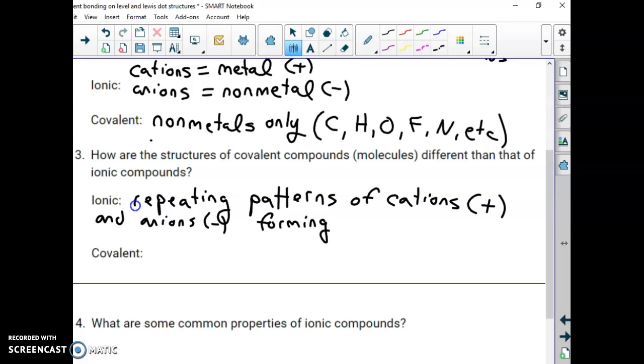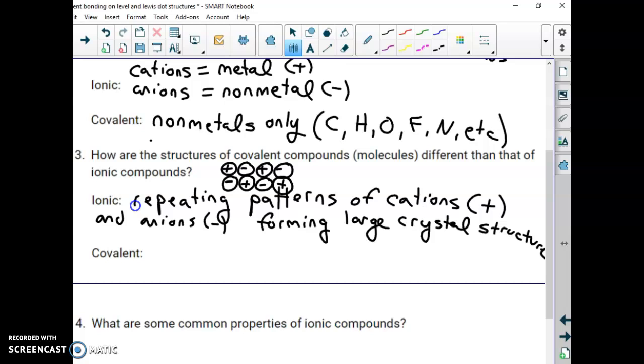And they're going to form this large, and large in the sense of number of ions involved, crystal structure. Draw a little diagram just to help remember that. We got a positive bonded to a negative, bonded to a positive, and so on and so forth. And everything interlocks there nicely due to those charges.